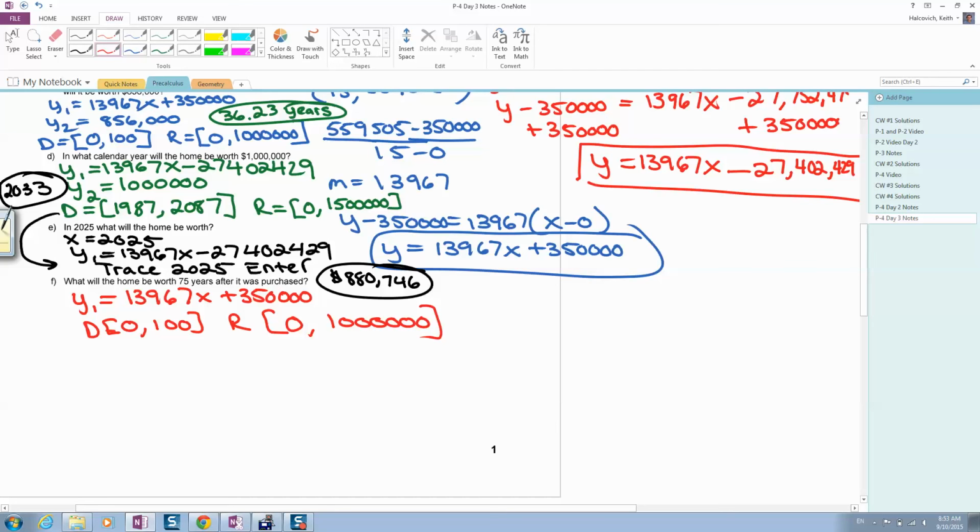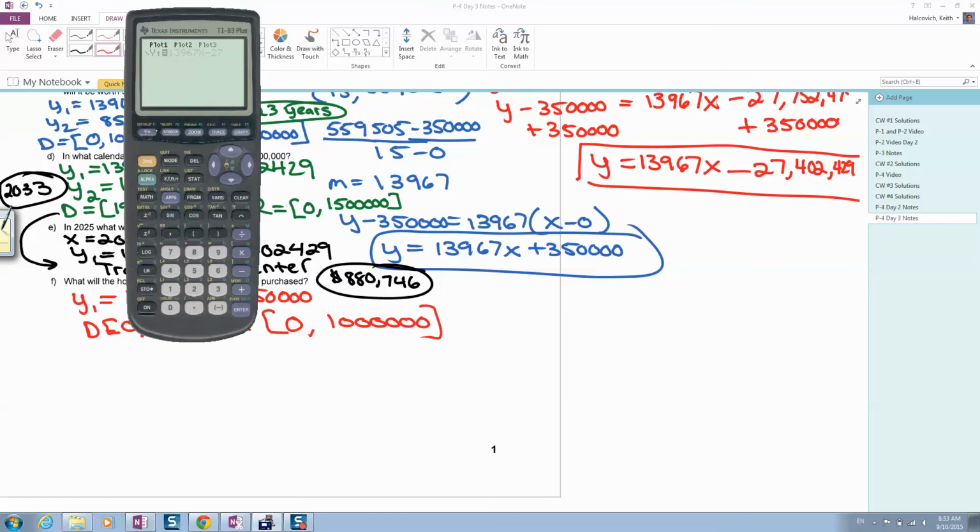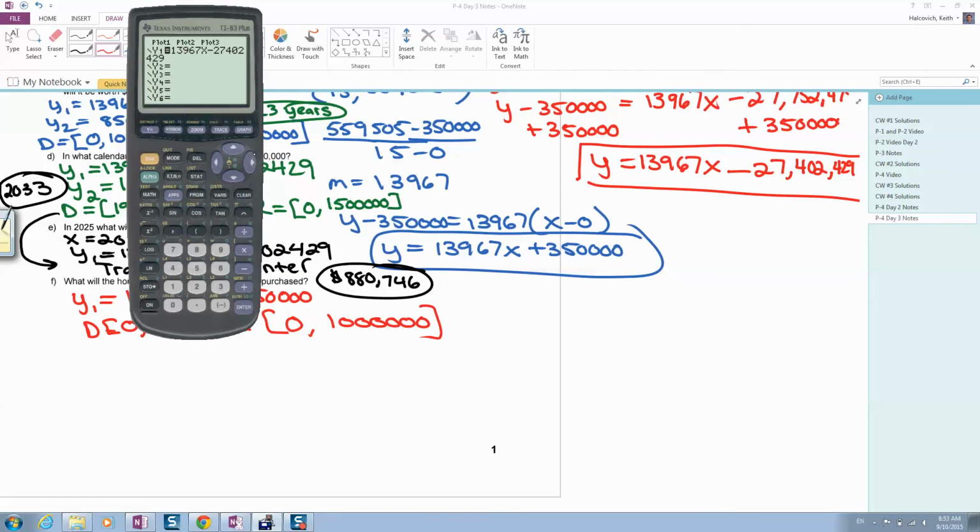Okay. And so then we go in our calculator. So we gotta make this 350,000. We can delete that. Okay. Our window is from 0 to 100. And then let's say we went from 0 to 1,000,000. And we graph it.